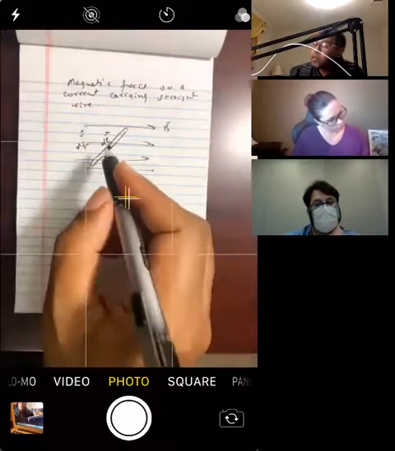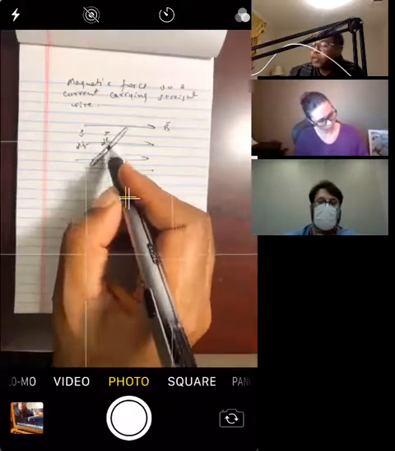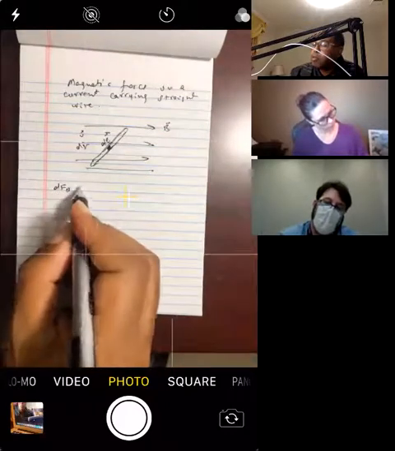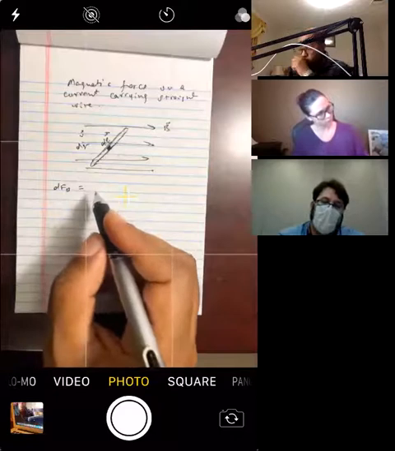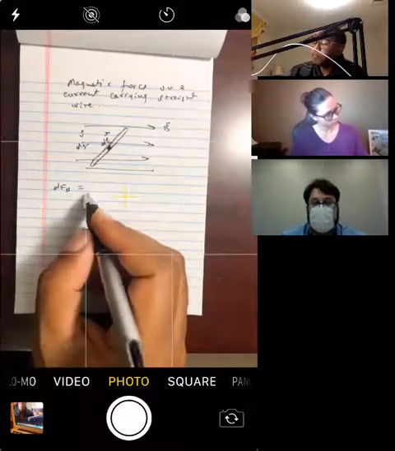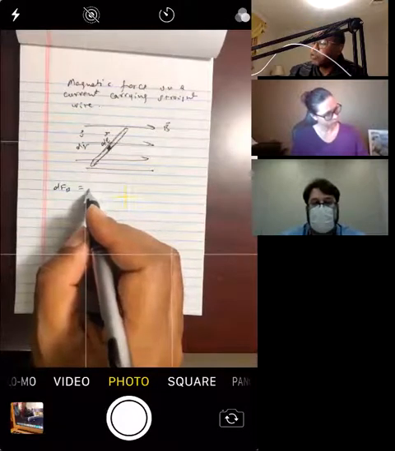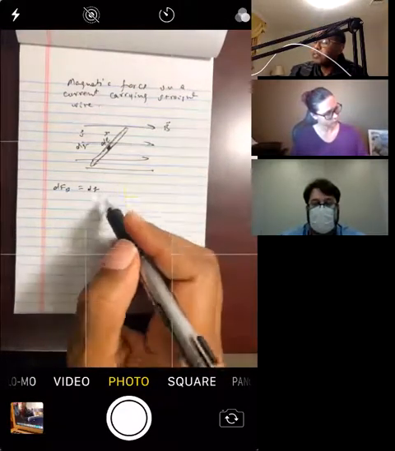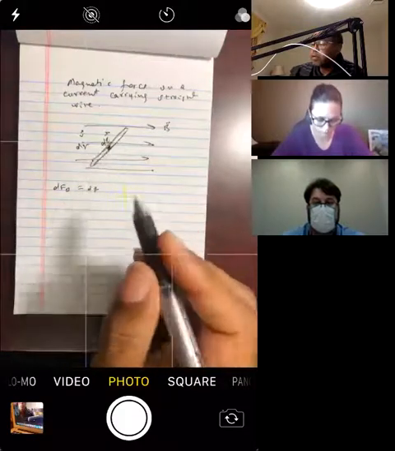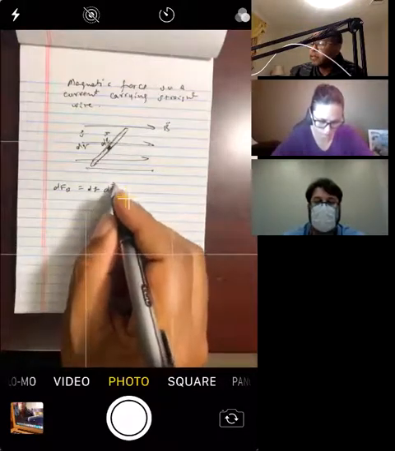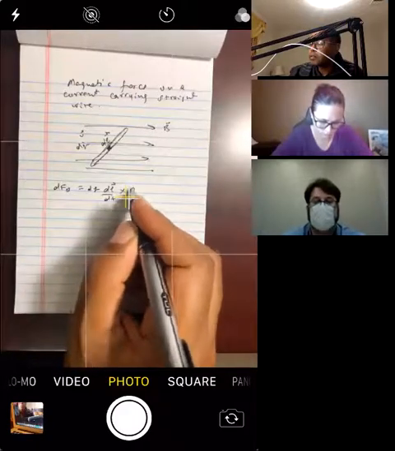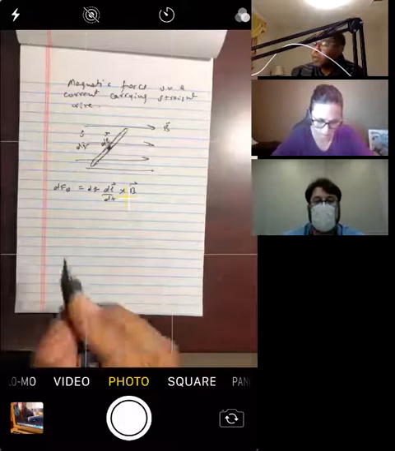So the force on this charge, according to our definition, let's call it dFB, would be the charge dq and the velocity. Velocity is the displacement divided by time, so dl divided by dt, cross B. But we can move this around.